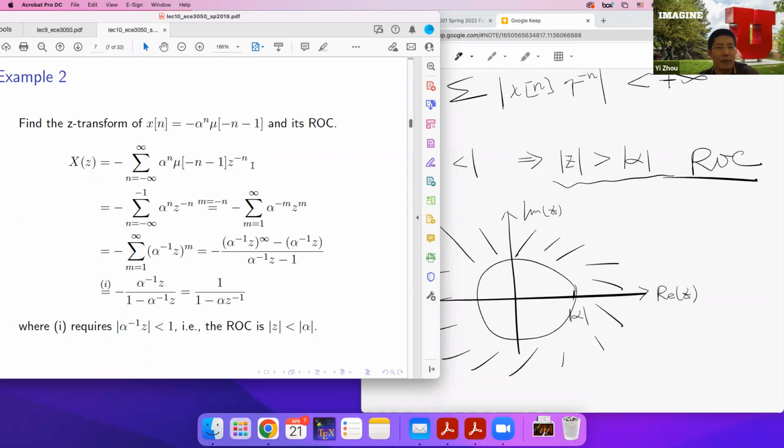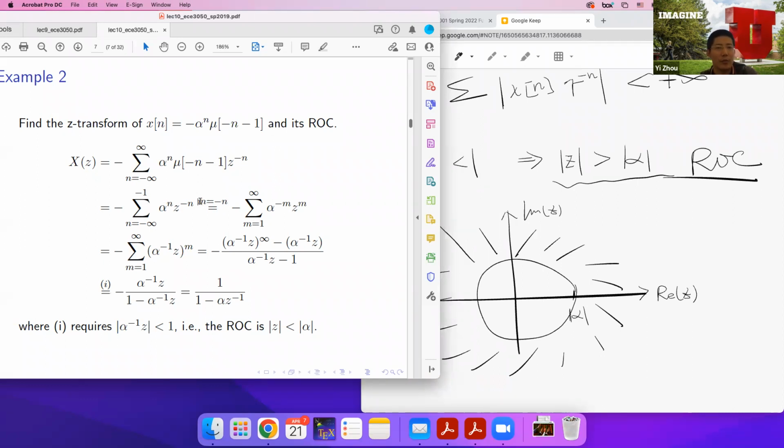After that, we combine alpha and Z together, and in order to make it more convenient, we do a change of variables, so the summation starts from 1 to infinity instead of negative infinity to -1.